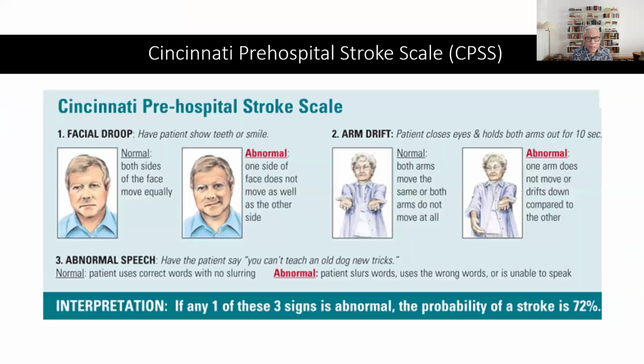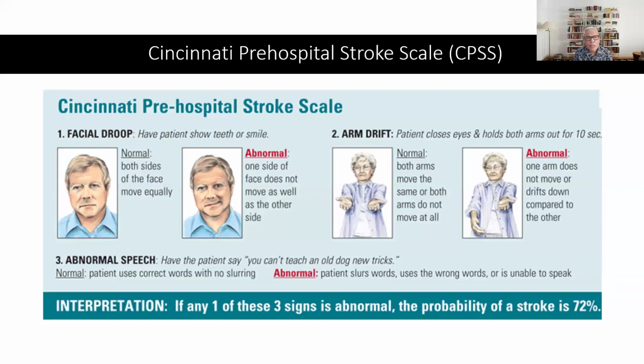Now, the American Heart Association and the National Stroke Association recommend that we have a specific stroke assessment tool to evaluate patients suspected of having a stroke. There are two common stroke assessments that are utilized here in the United States, and they include the Cincinnati Pre-Hospital Stroke Scale, which is illustrated in the slide over here.